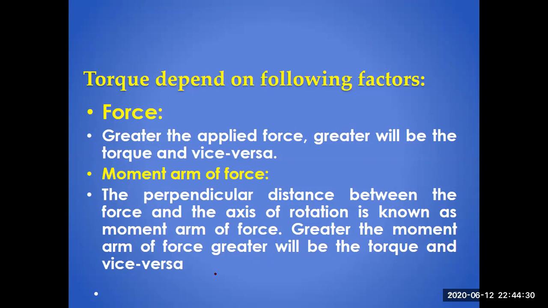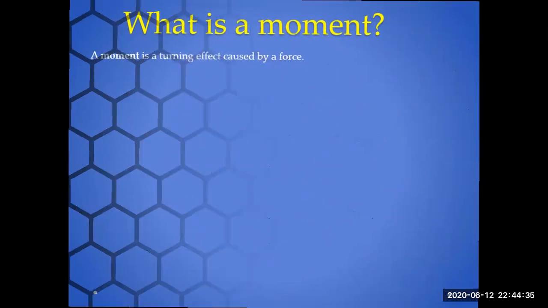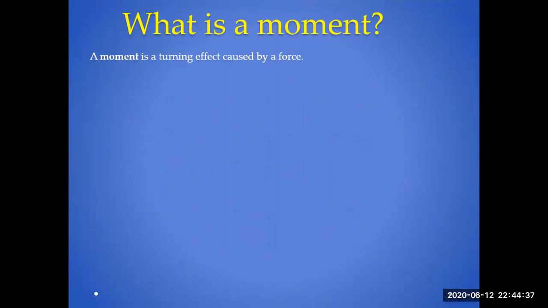So these are two factors. The third one, which you have to note down, is the angle between the moment arm and the force. You can't produce rotation if you are applying the force in the same direction as the moment arm.